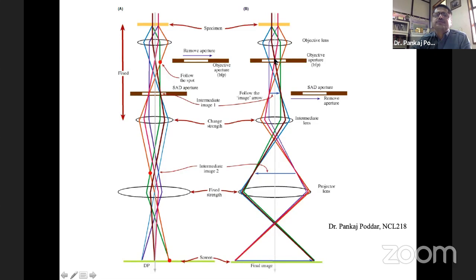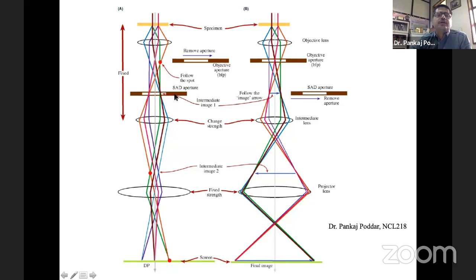All these beams are merging here, at the back focal plane. You remove this first, and then you insert the SAD aperture. Here we have removed the SAD aperture and inserted the objective aperture. It's one or the other. When you're taking a DP, put this aperture, remove this, and the opposite for the other. The planes are different, you can see that.